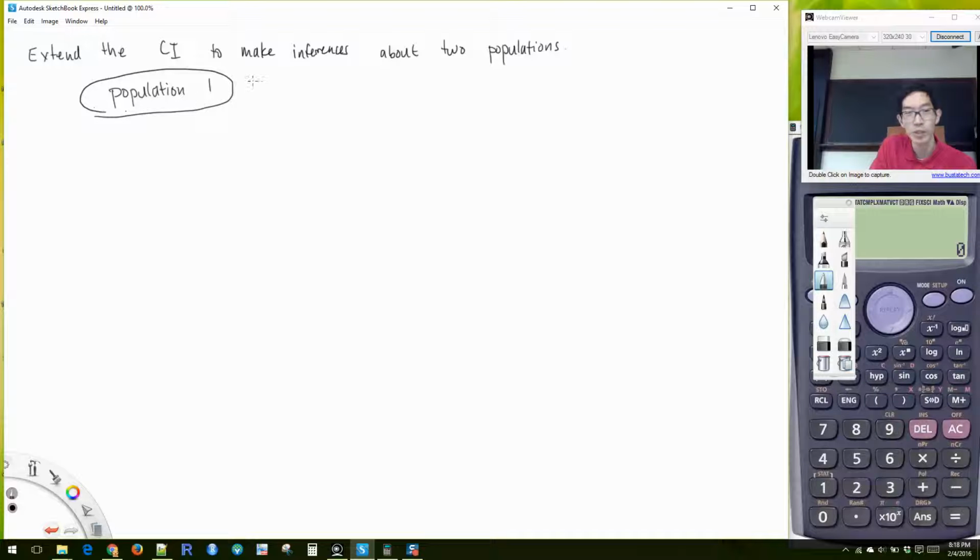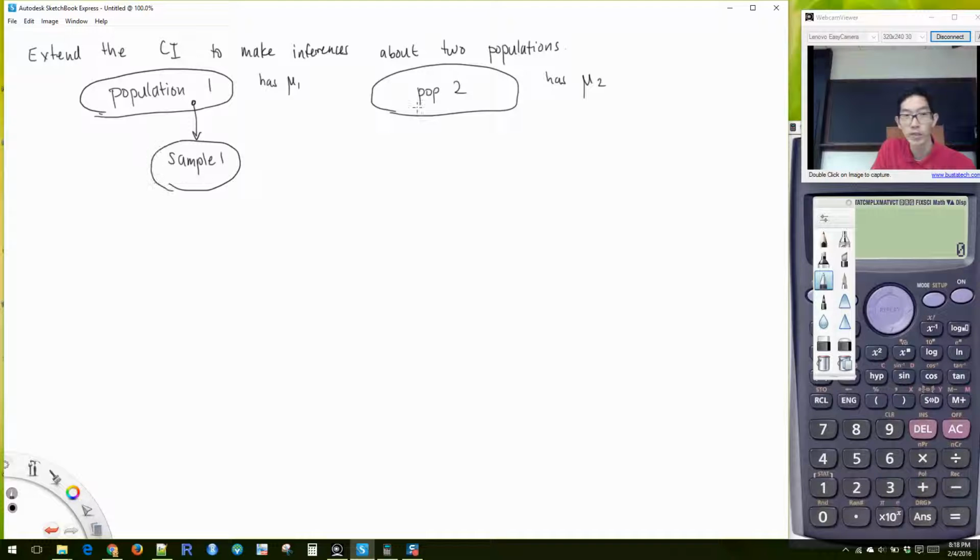Population 1 has mean mu1, and then you've got population 2, which has mean mu2. From population 1 we've taken a little sample, sample 1, and from population 2 we've taken a piece, and this is sample 2.